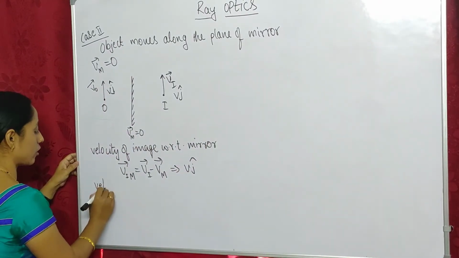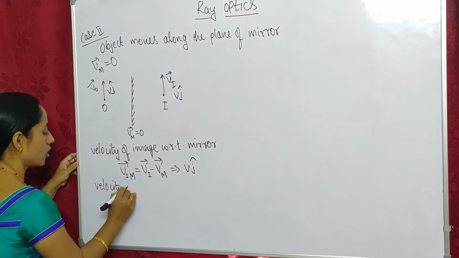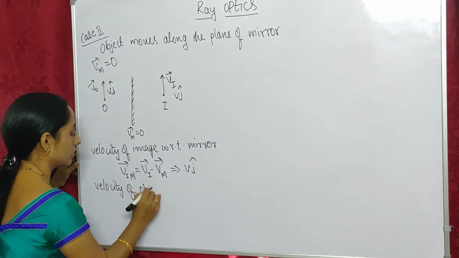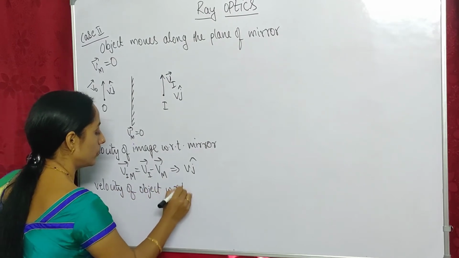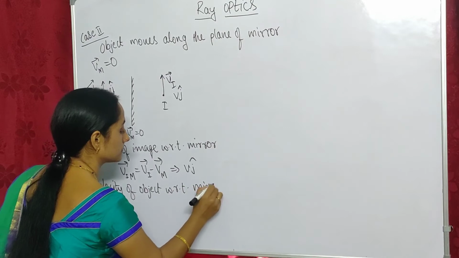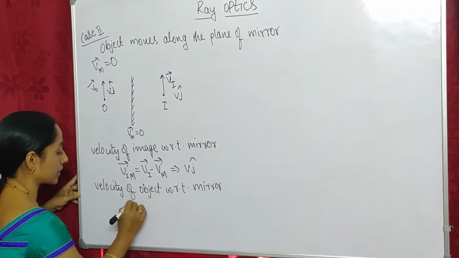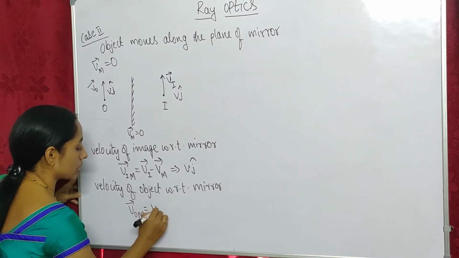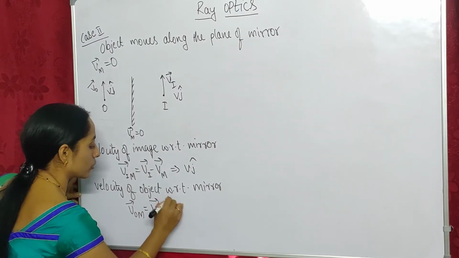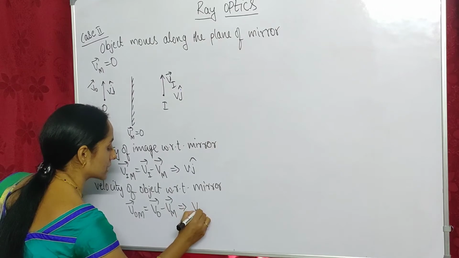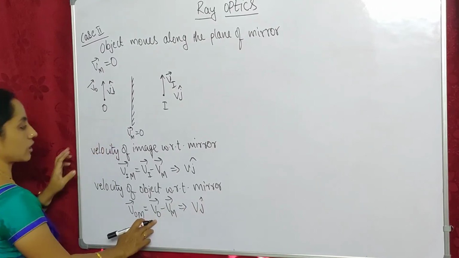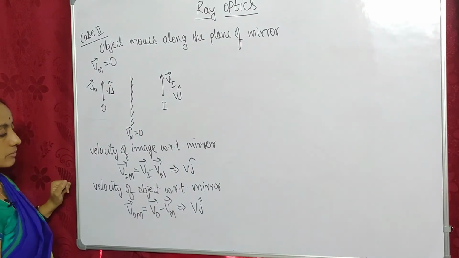Similarly, the velocity of the object with respect to the mirror is velocity of object minus velocity of mirror. The velocity of the mirror is 0, so it is V j cap.